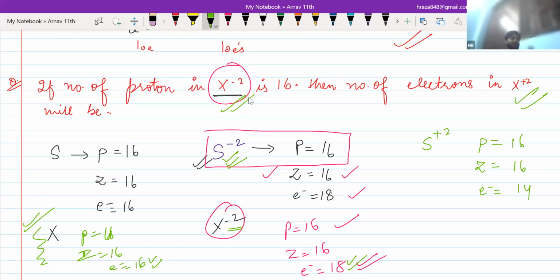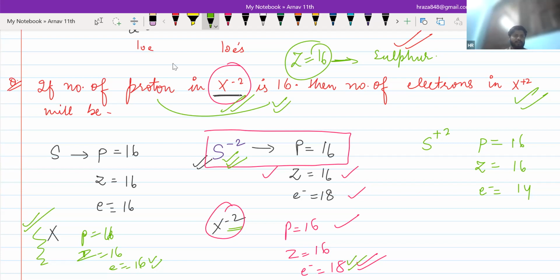This was the question. Whenever there is a symbol like X, Y, Z, and you remember the atomic number, you can compare. This is proton 16. That means it is talking about Z equals to 16. That means atomic number 16 is what? Sulfur. And then you can easily solve it rather than getting confused.